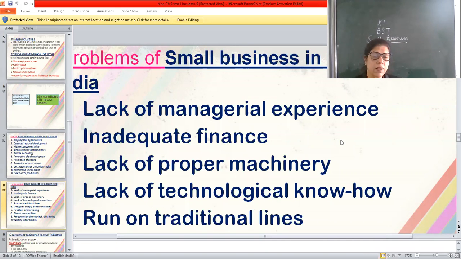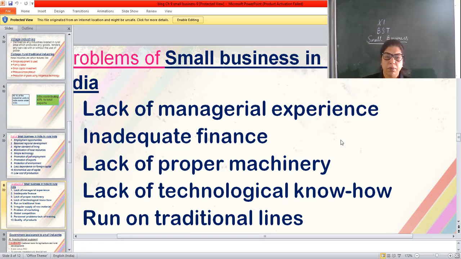Sickness problem means maybe they will be unable to pay back that loan. Banks and financial institutions are ready to give loans to the large scale industries, those who already have huge sources of finance.